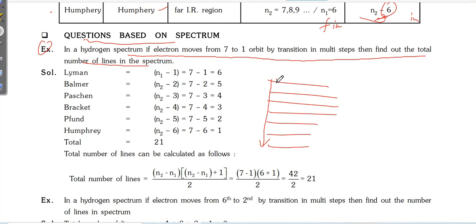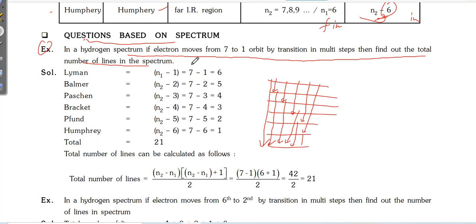Otherwise from 7th it comes to the 6th and then continues down, that is the second probability. Third line is forming, so 4th, then 5th, then 6th. Okay, so 6 lines are there from 7th to 1st.